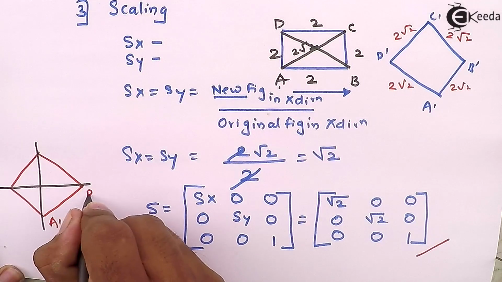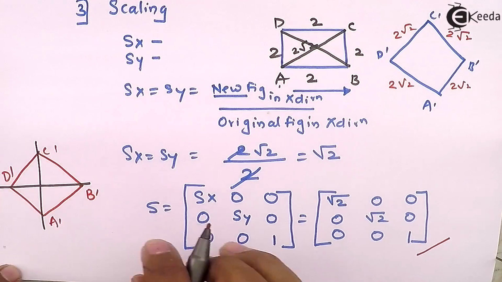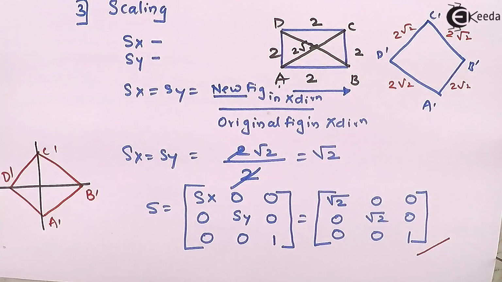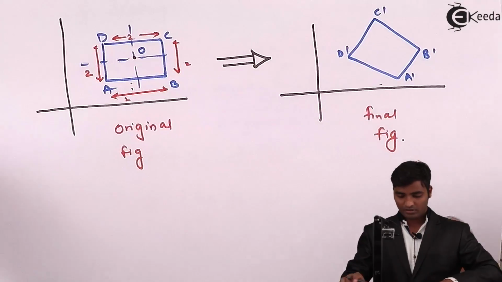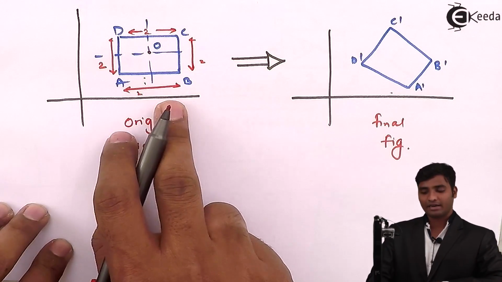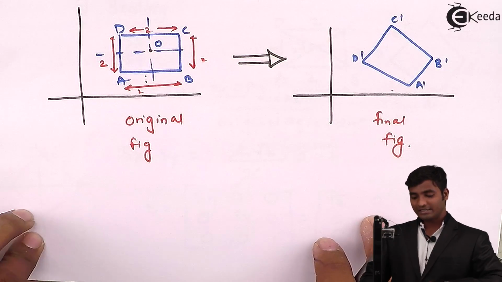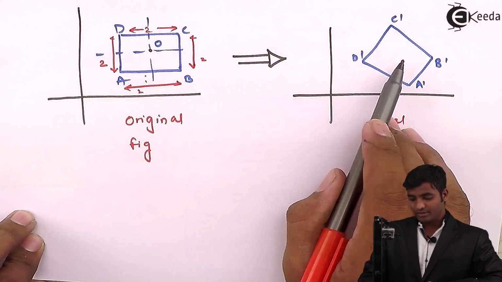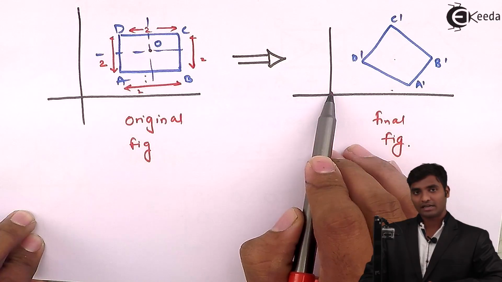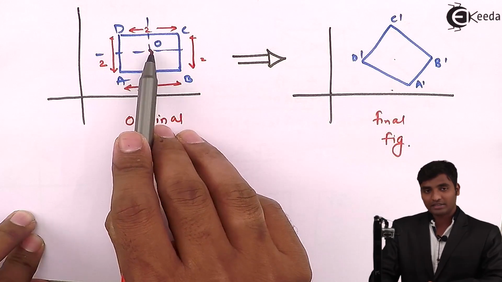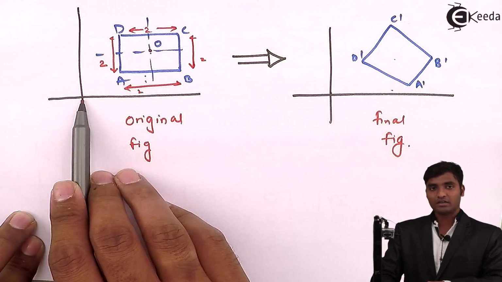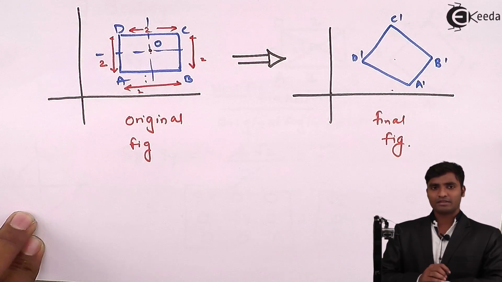After performing the scaling transformation, the figure comes out to be A dash, B dash, C dash, D dash. So we successfully converted this square into this square. But you can see the square is away from the origin, and we brought the initial square to the origin for performing various transformations.